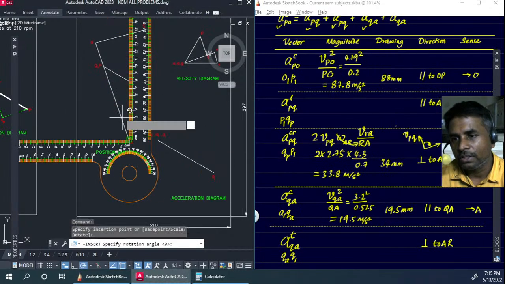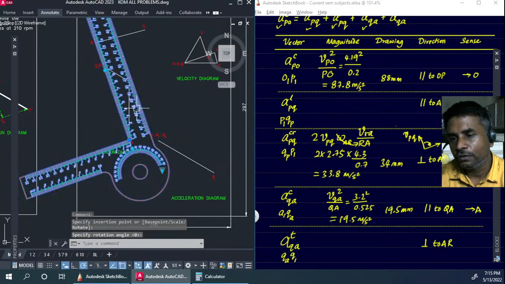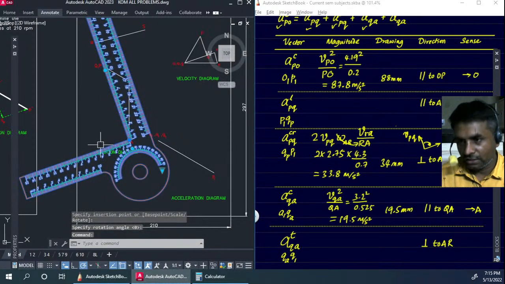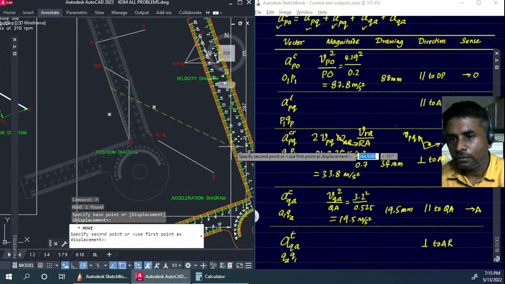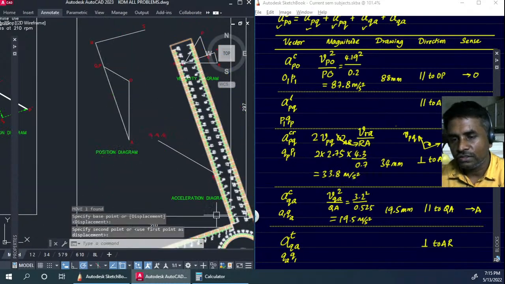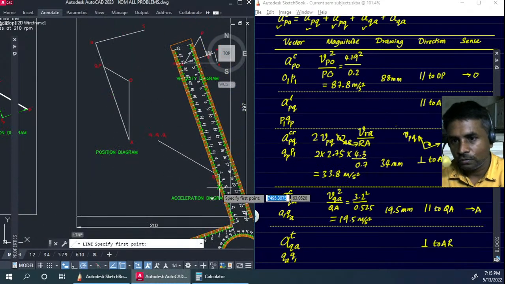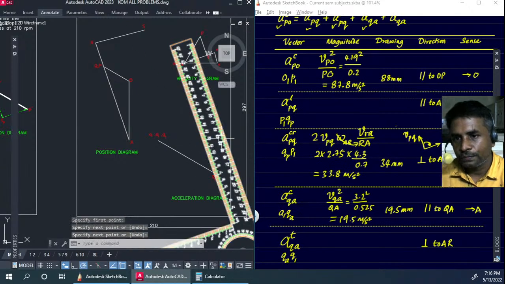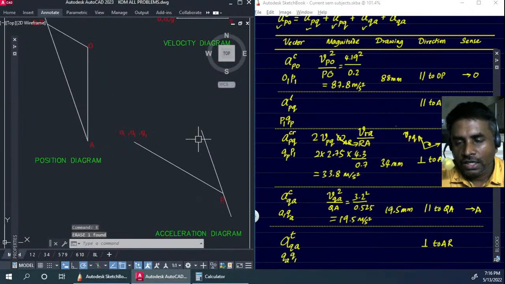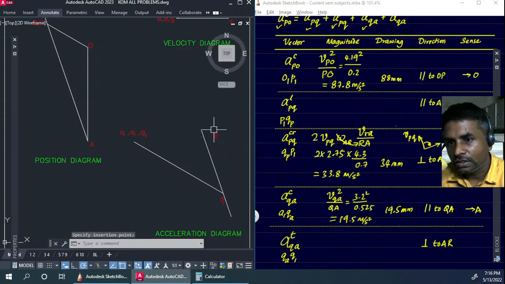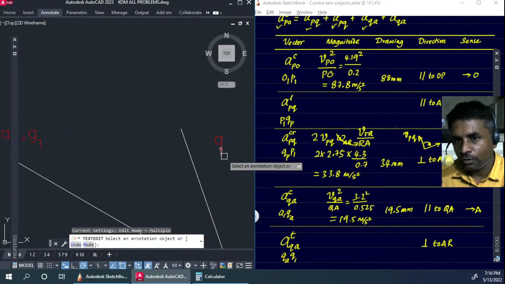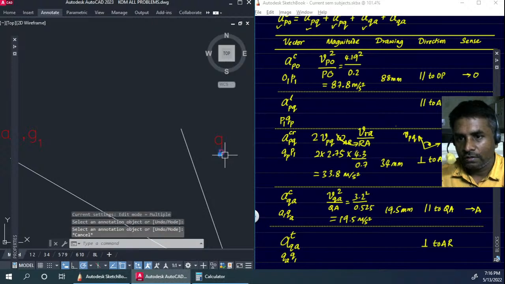So let me take my protractor, keep it here, and I'll need a line parallel to this from P, but at this point I don't know the sense in which direction, upward or downward, it has to go. So I'm just going to draw a length for now, and on this somewhere we are going to get QP.